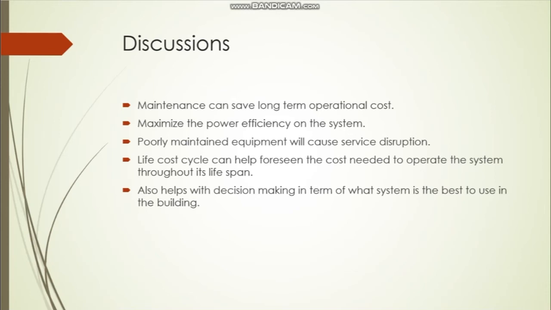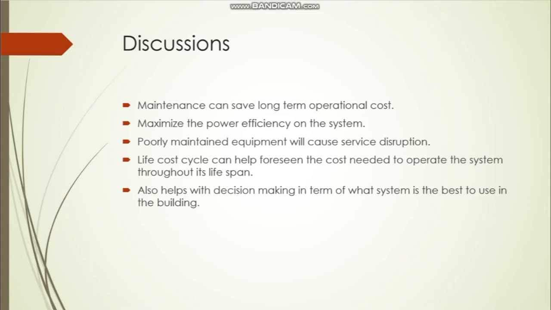Life cycle cost can help foresee the cost needed to operate the system. It is also often used to make comparisons between systems and helps with decision making in terms of which system is the best to use in the building.